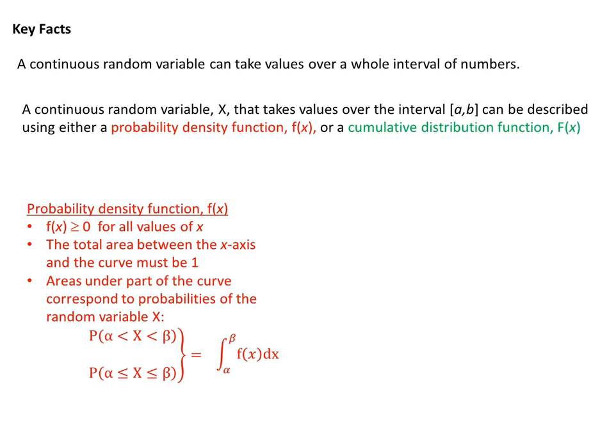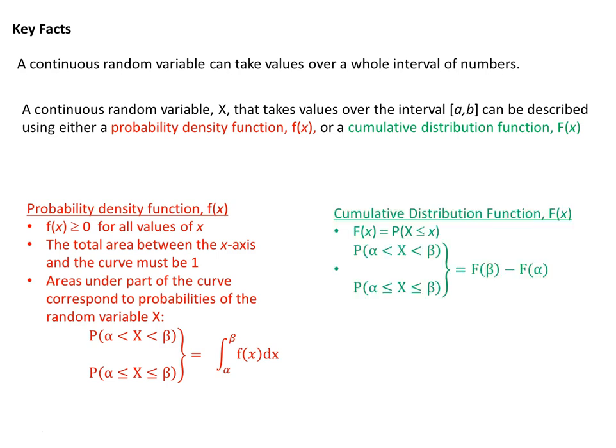And it doesn't matter whether the inequality involved is alpha is less than x is less than beta, or alpha is less than x is less than or equal to beta, or alpha is less than or equal to x is less than beta, or alpha is less than or equal to x, which is less than or equal to beta. All of those probabilities are given by the integral between alpha and beta of f of x dx.